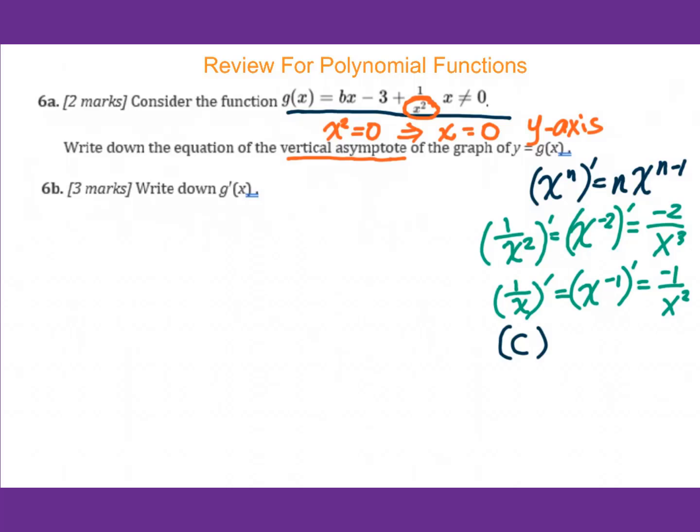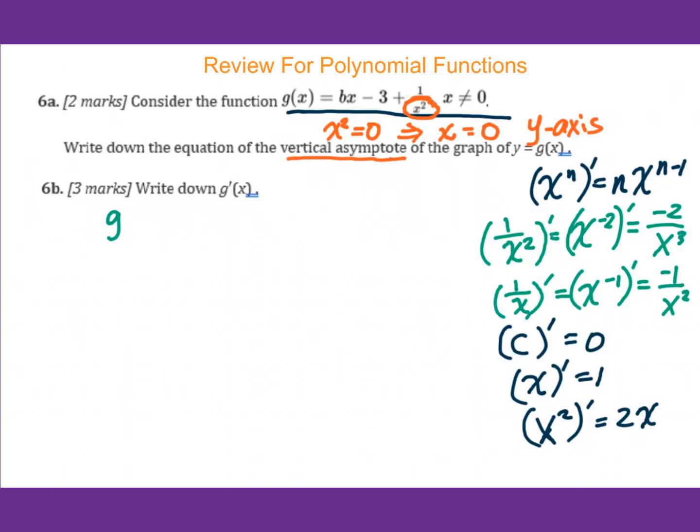For a constant number, the derivative equals 0. For x, the derivative equals 1. For x squared, the derivative will be 2x.